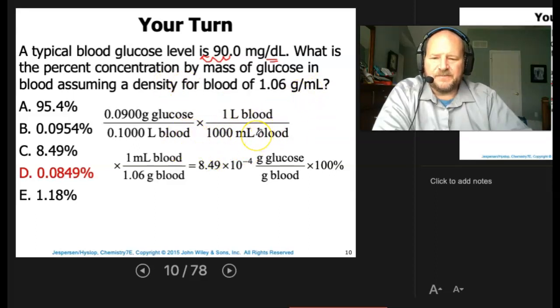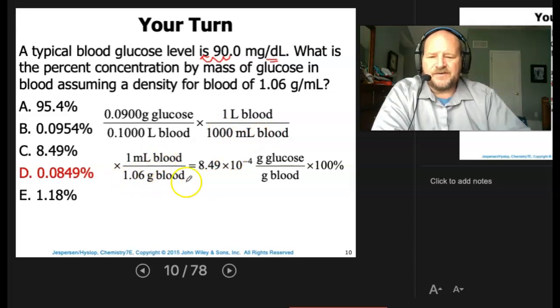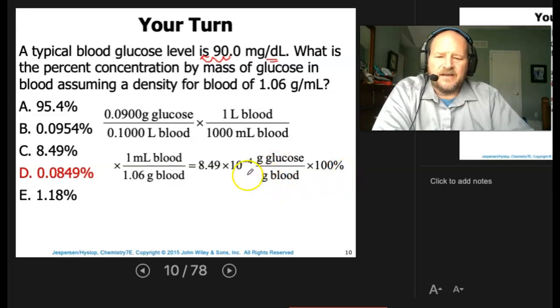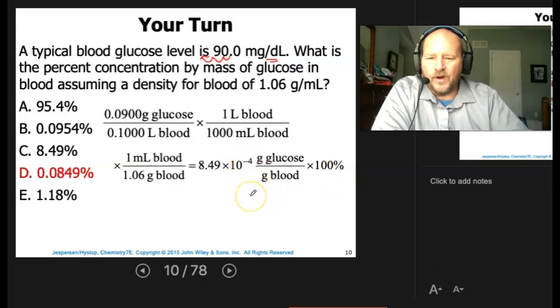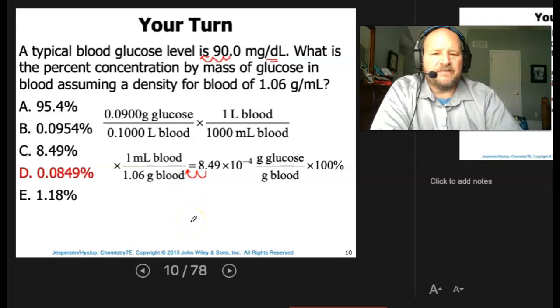So we'll get that switched to milliliters. 1 milliliter blood over 1.06 grams of blood. So now we have 8.49 times 10 to the -4 grams per gram of blood. And then, of course, we're going to multiply that by 100%. That's going to make that drop down to -2. And then we'll move that over 2 places, 1, 2. And so we'll get 0.0849.